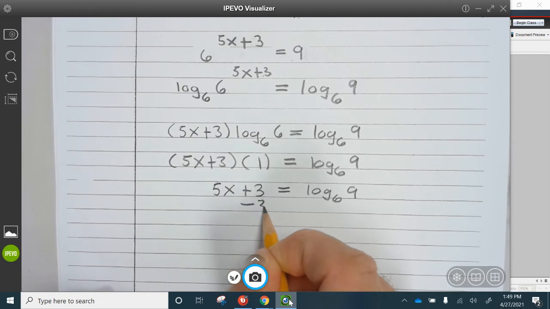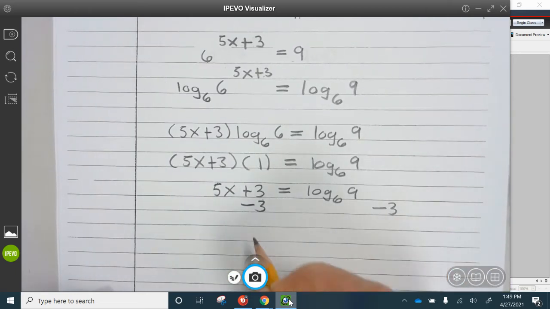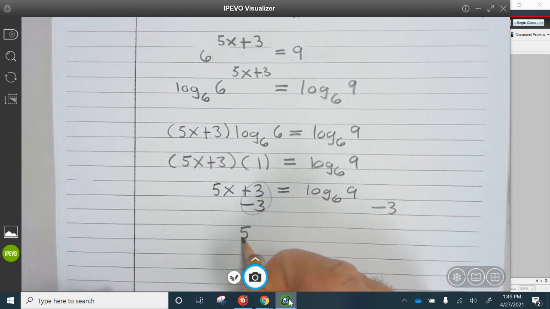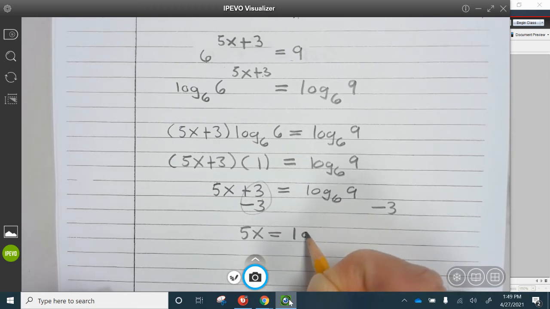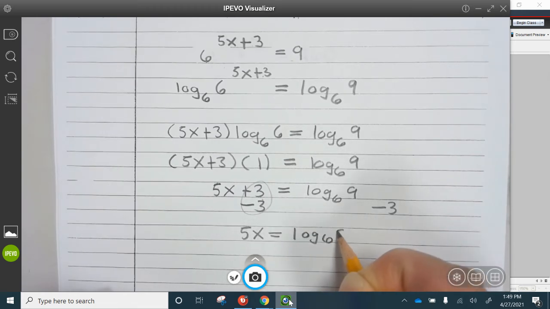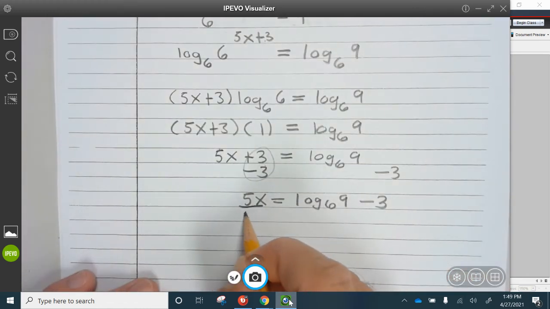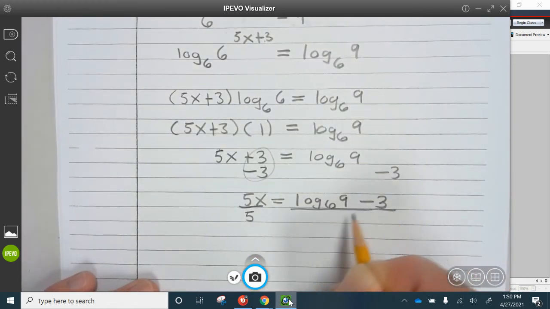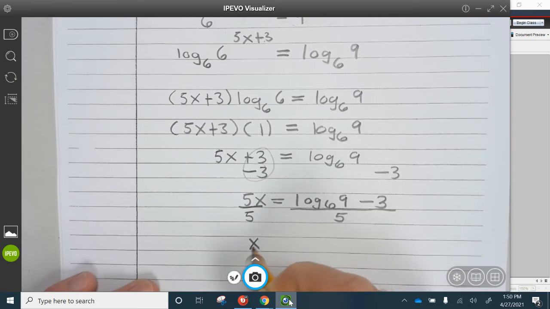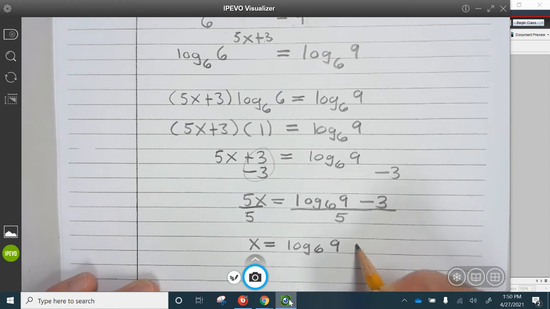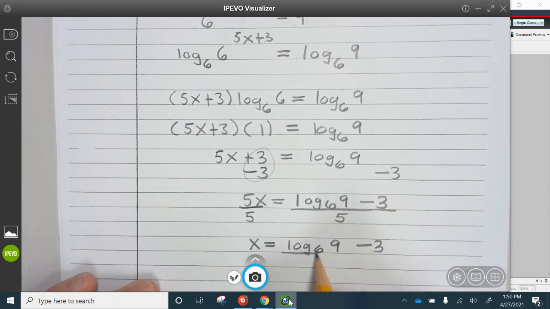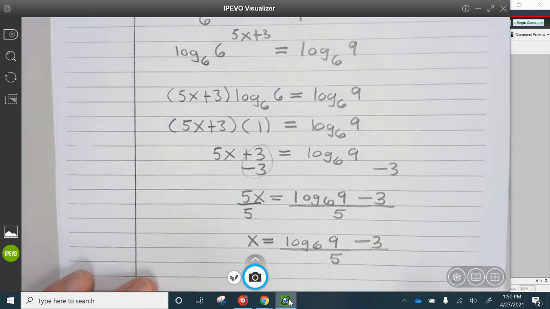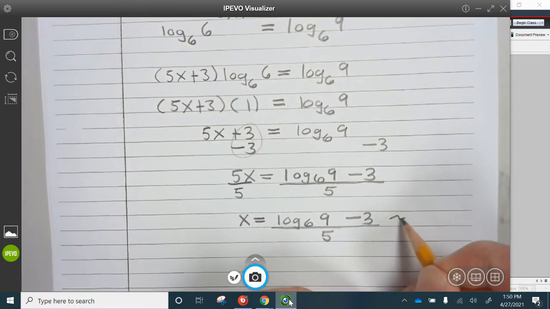So we subtract 3 from both sides. That's 0, so then you're left with 5x equals log base 6 of 9 minus 3. Divide both sides by 5. X equals log base 6 of 9 minus 3, divided by 5. Okay, so that's your exact solution.